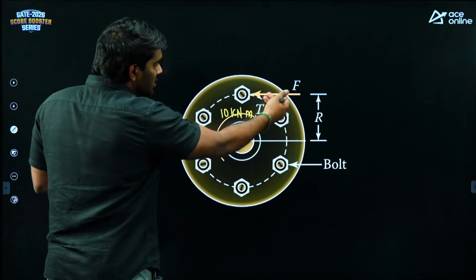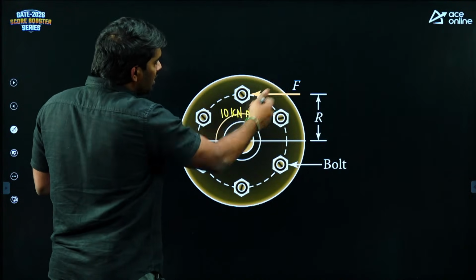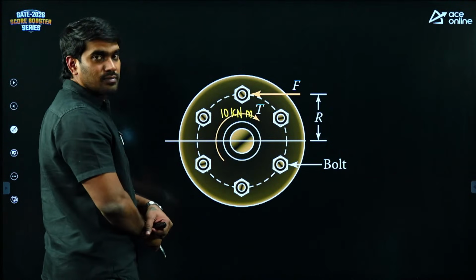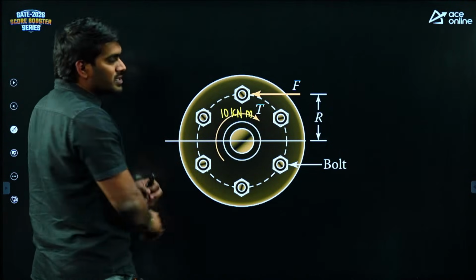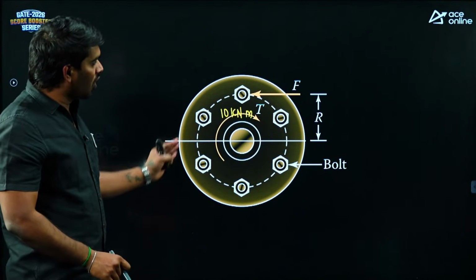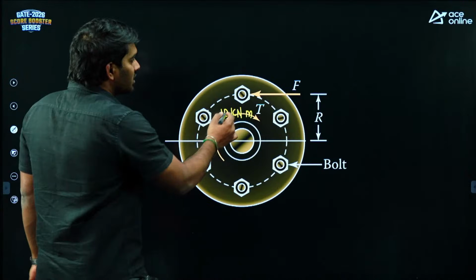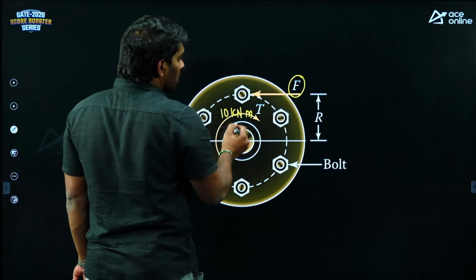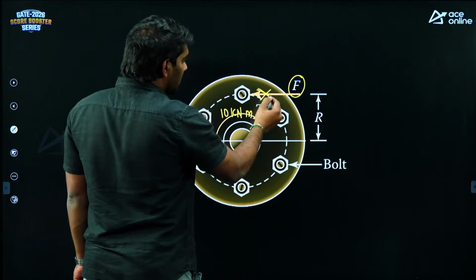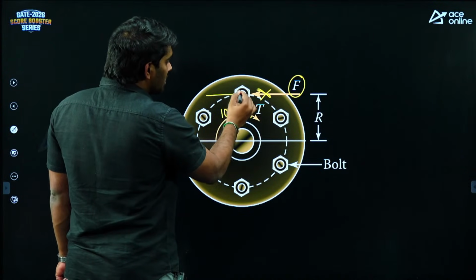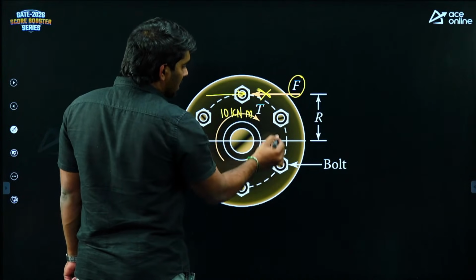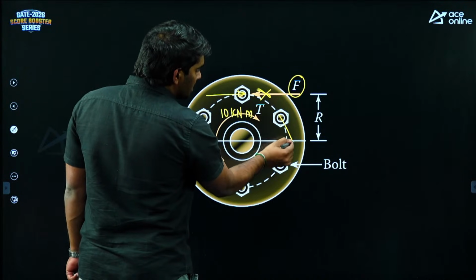If this is action, this is the reaction that we are getting on the flange itself. This is the action on the flange, the same is the reaction on the flange. This is at one location, or if I remove this, I can show the effect on the bolt. The effect on the bolt is in the tangential direction.